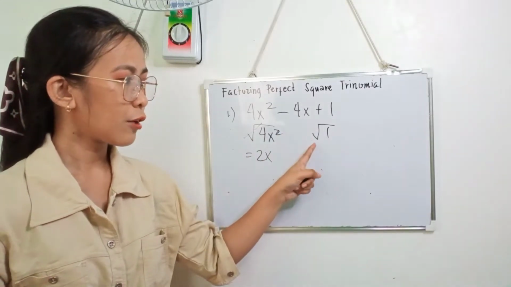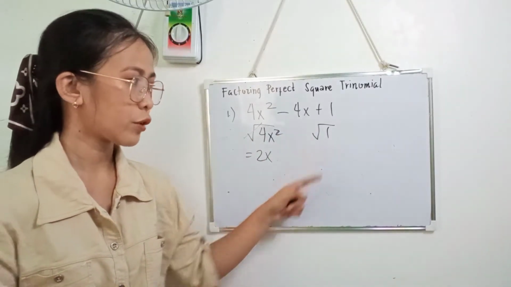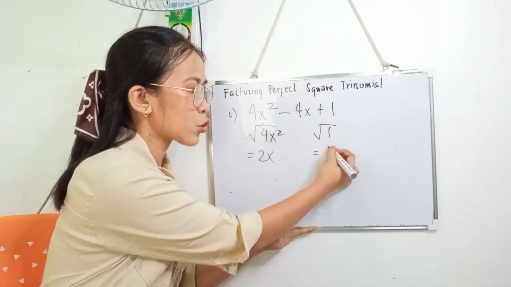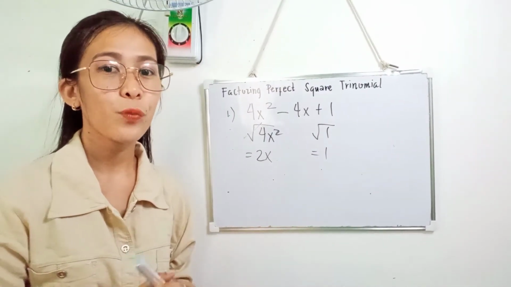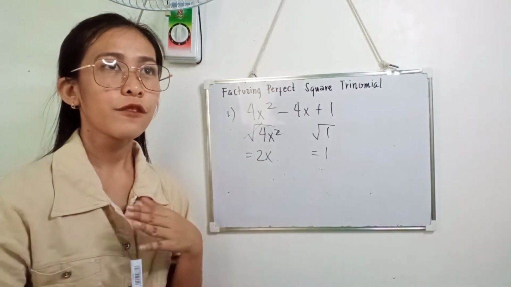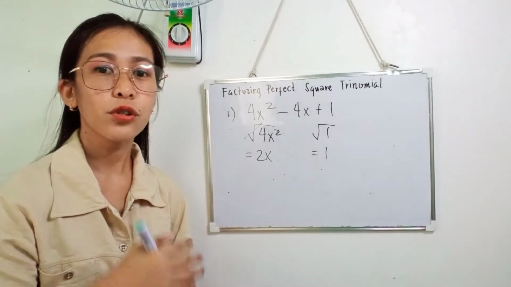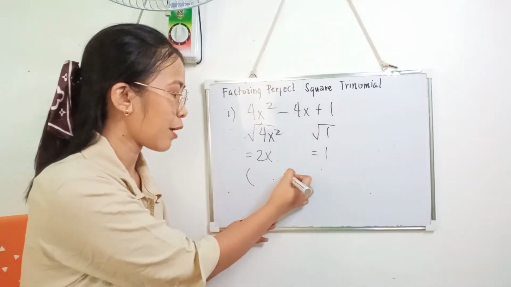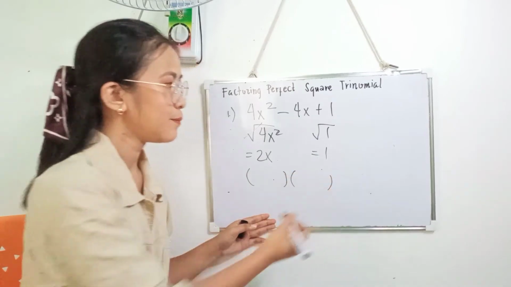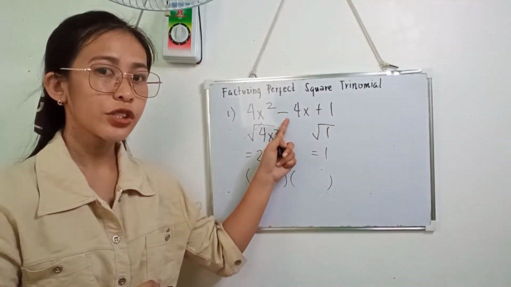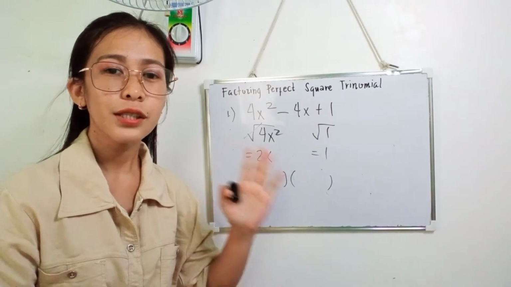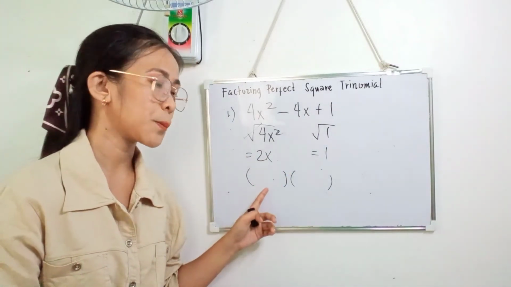Okay? Now, dito naman tayo sa last term, square root of 1. Alam naman natin na ang square root of 1 is 1. And then, right after that, isulat na natin yung pinaka-factored form. Lagay lang kayo ng dalawang parentheses. Since ito ay minus tsaka plus, what is the operation that we are going to put in here?